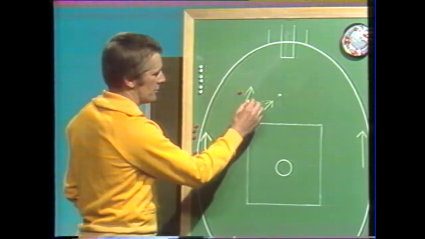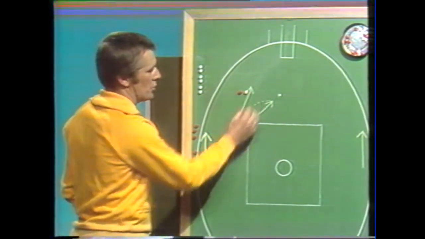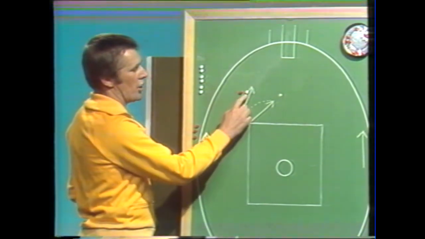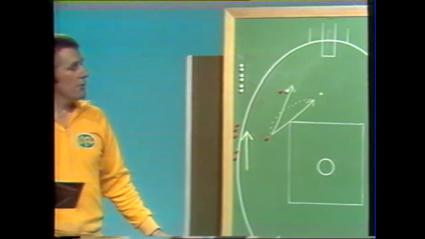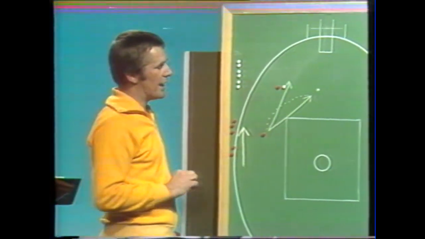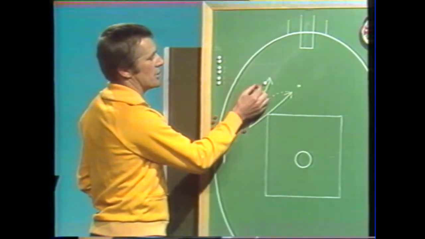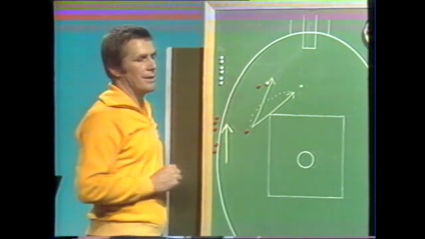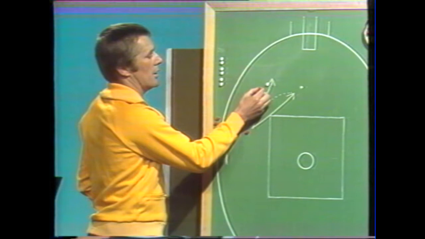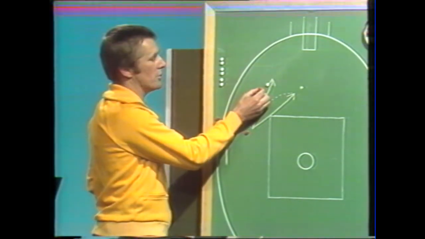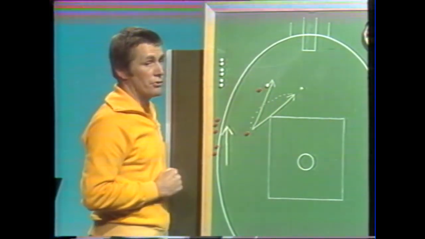Now, the defensive player would place himself on the inside of the ground between his opponent and the goals, so that if this player gains possession of the ball before he can get an effective kick at goal, he has either to elude or evade his opponent or run through him.